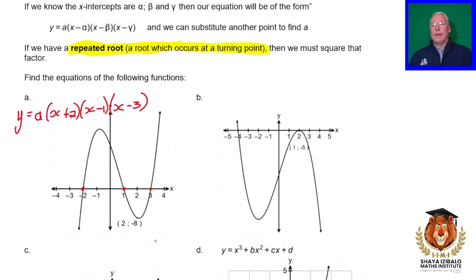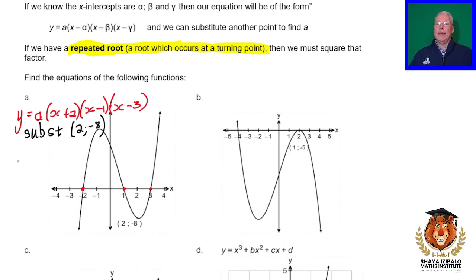Okay, right, now we don't know what a is, but we do have a point that we can substitute. So now we're going to substitute in this point 2, negative 8: 2 for the x's, negative 8 for the y's.